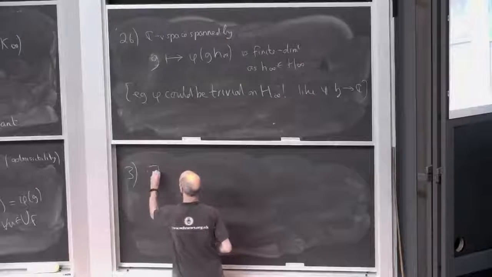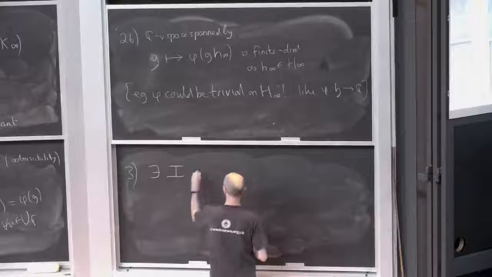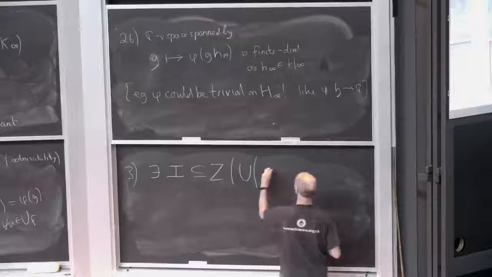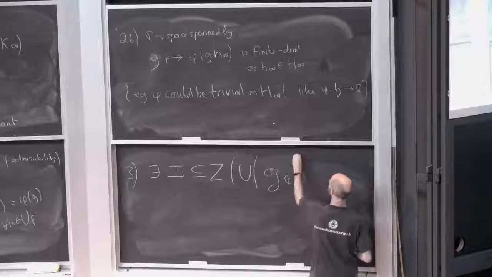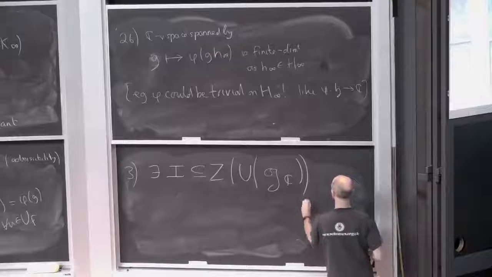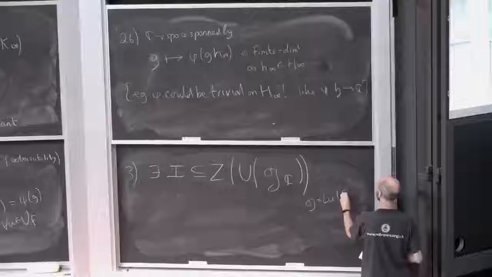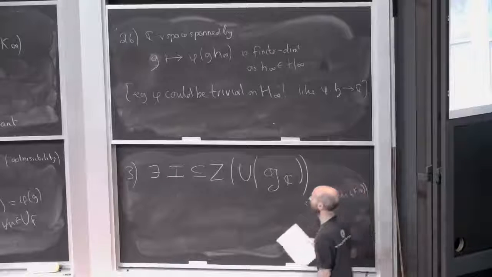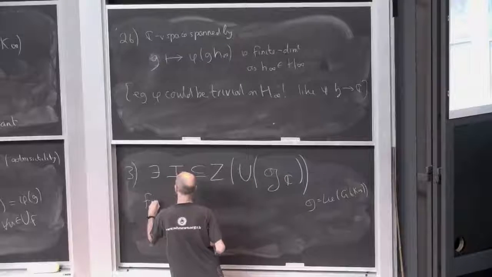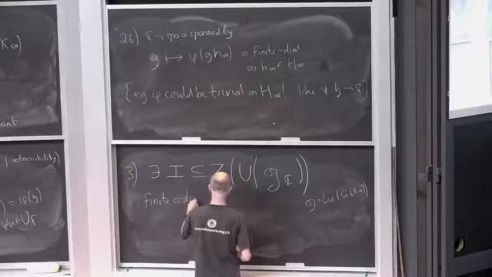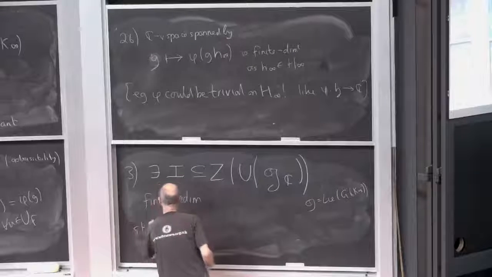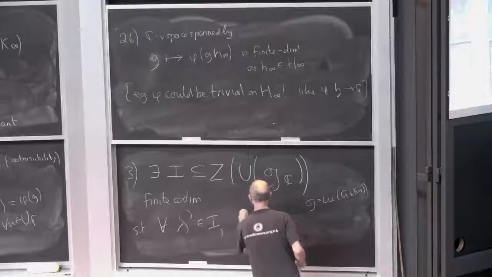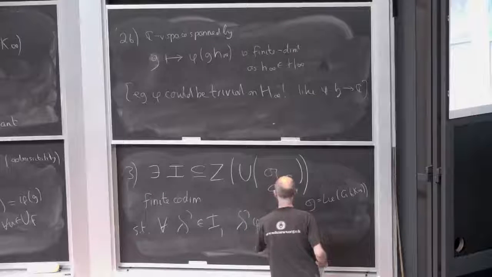So there exists some ideal I living in the center of the universal enveloping algebra of the complexified Lie algebra of G, the Lie algebra of G of K_infinity, some ideal of finite codimension, such that for all differential operators aleph in I, aleph of phi is 0.